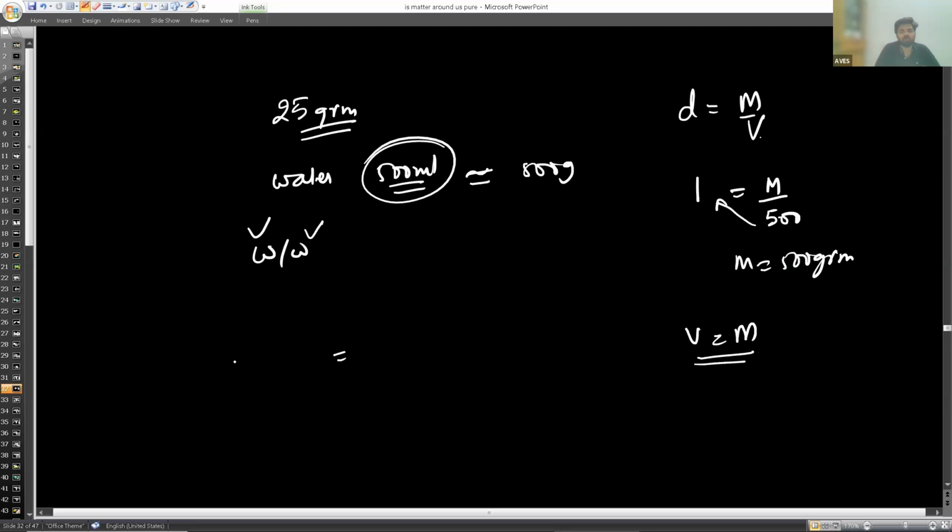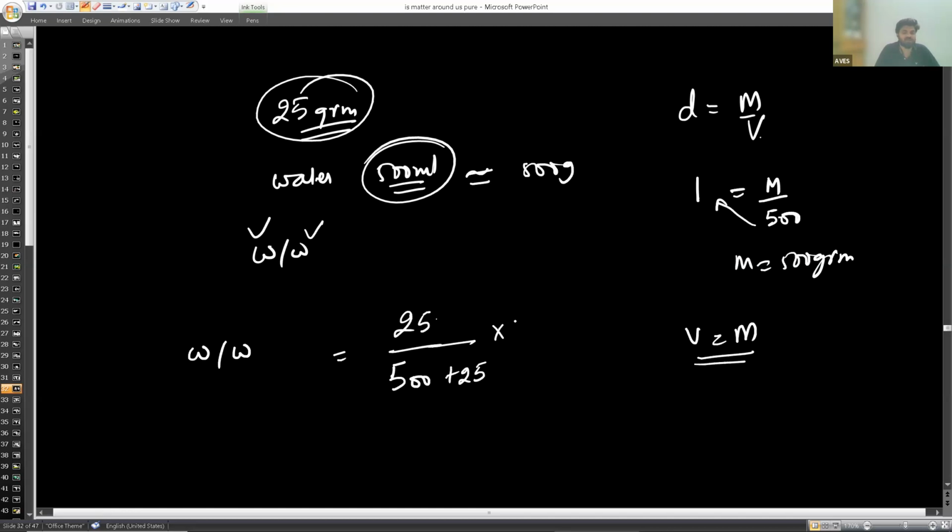Now what you need to calculate is the W by W percentage. You know this is 25 grams, so write here 25 gram, and then 500 gram. 500 gram is the mass of water, but it is not the mass of solution. So you have to write 25 plus 500 as the mass of solution, into 100.